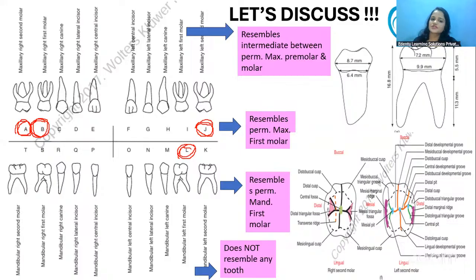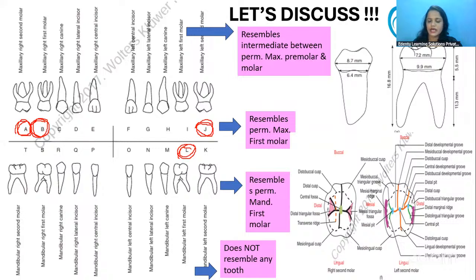Okay, the maxillary first molar is like an intermediate between the maxillary premolar and molar in structure, but still some resemblance to maxillary premolars and molars will be there. But the mandibular first molar does not resemble any other teeth in the oral cavity. The mandibular left first molar usually has two roots, the mesial and the distal root.